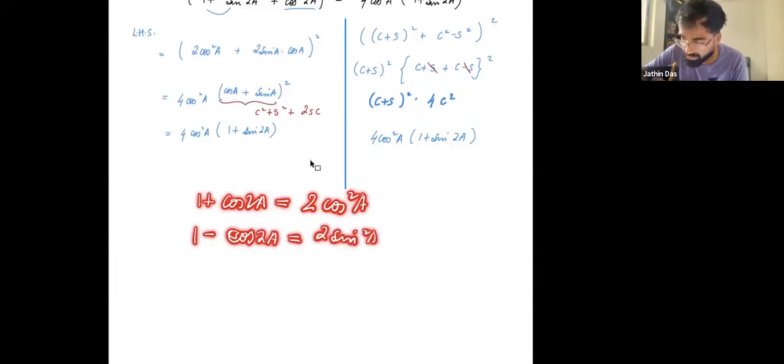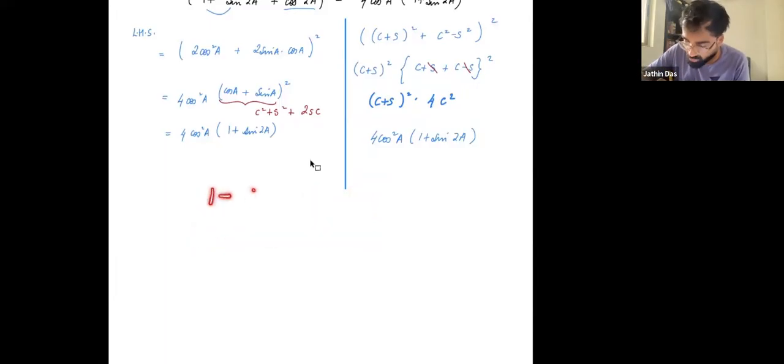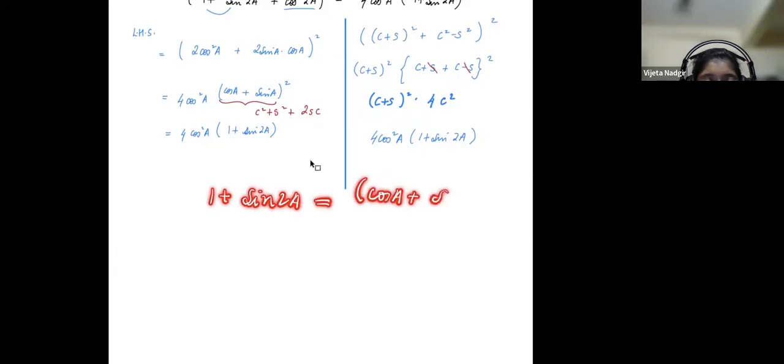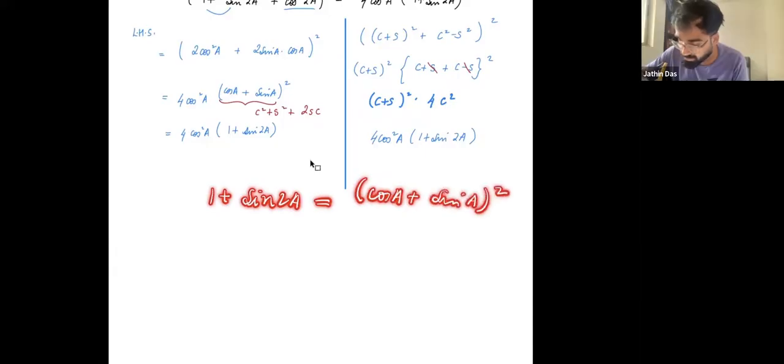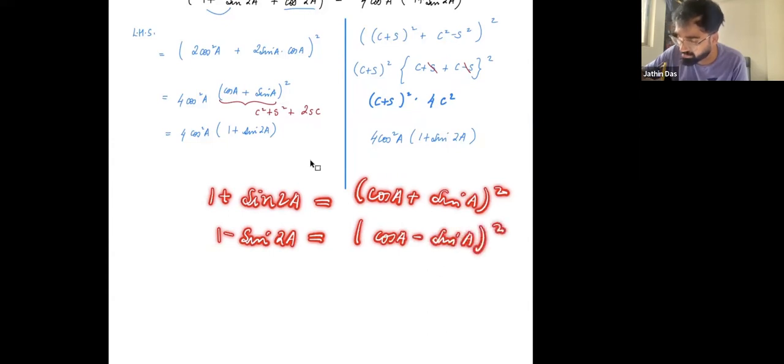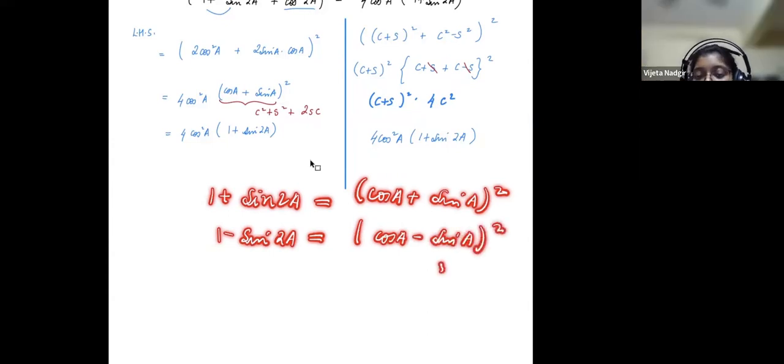Similarly, you have 1 plus sin 2a as cos a plus sin a whole square. 1 minus sin 2a will be cos a minus sin a whole square. Do you remember now?